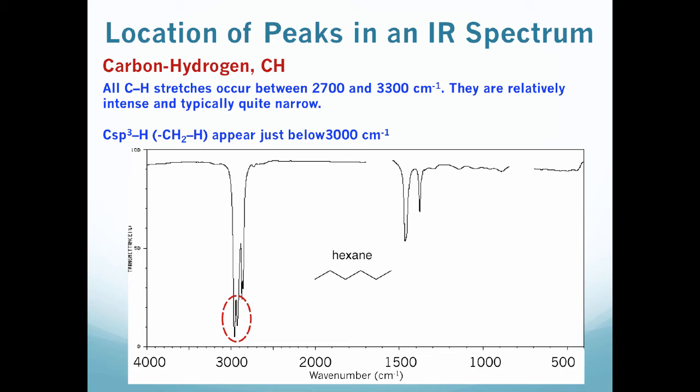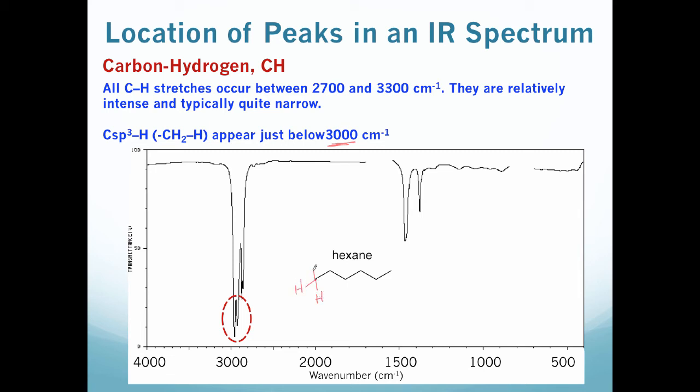First, we're going to look at sp3 hybridized carbon-hydrogen bonds. These appear just below 3000. So 3000 is important here because that's going to be our cutoff for sp3 hybridized carbons and sp2 hybridized carbon hydrogens. So in this case, we're looking at hexane. All of the carbons are sp3 hybridized, and all of these carbons have hydrogens attached.